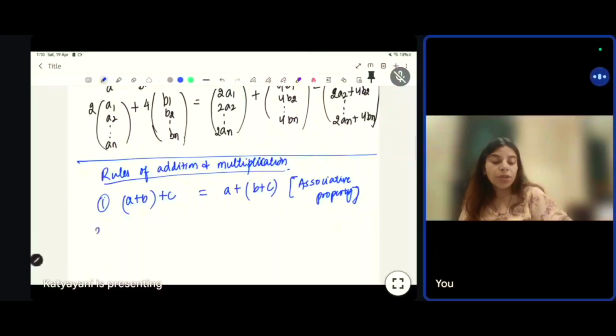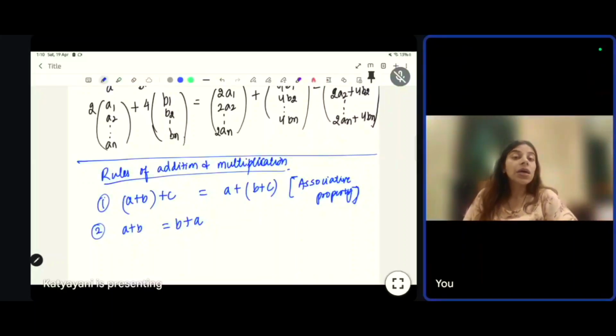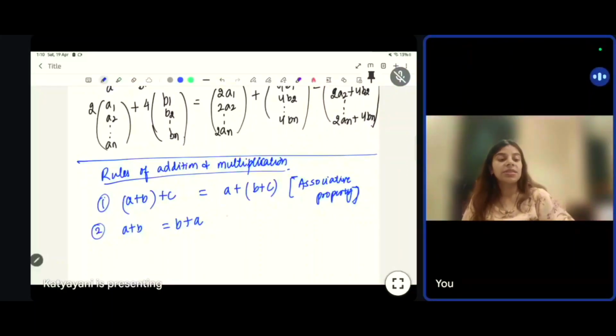And then the second property is a plus b is equal to b plus a. So there are two vectors a and b. If I add a and b or I add b and a, it means the same thing, right? So you know that addition is commutative. It is commutative even in vectors. That is called the commutative property.